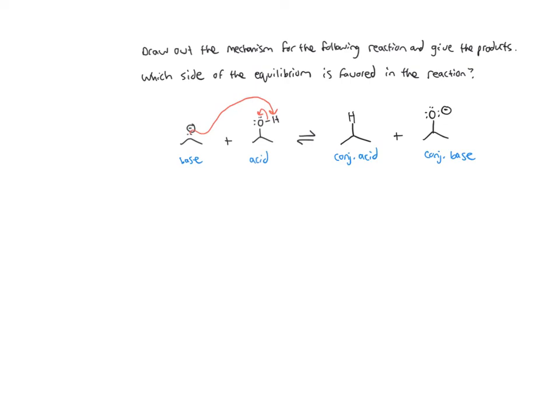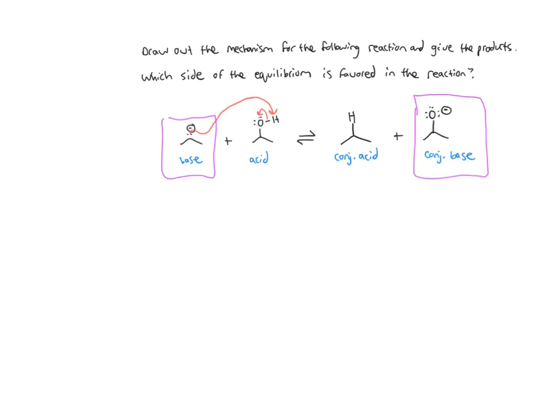And so we're going to compare, in this case, the base and the conjugate base, because in this case we're trying to figure out what side the equilibrium is more favored. And so when we're comparing those two, we're going to go through the same process. So we see that the negative charge is on a carbon in the base over here, and the negative charge is on an oxygen.